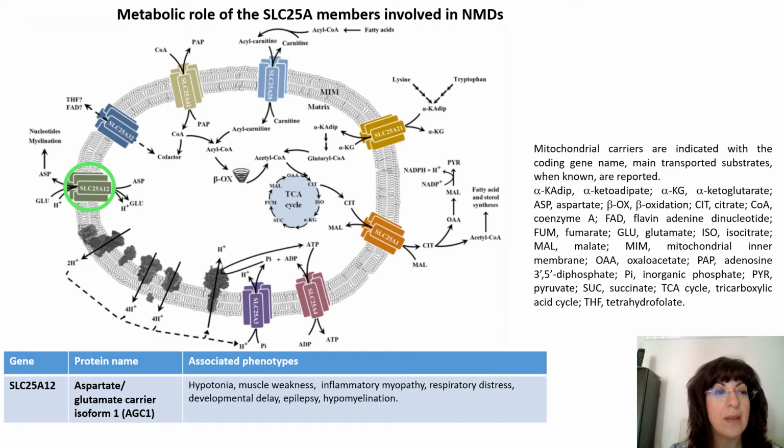Also in this case, mutations can affect its gene, in particular the gene encoding isoform 1. In this case, we have neurological, muscle, and cardiac symptoms. We have also hypomyelination because the low level of aspartate present in the cytosol impairs myelin biosynthesis.